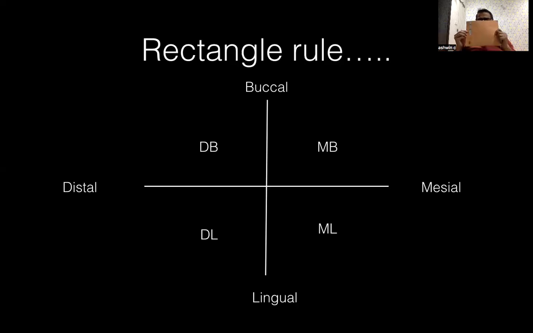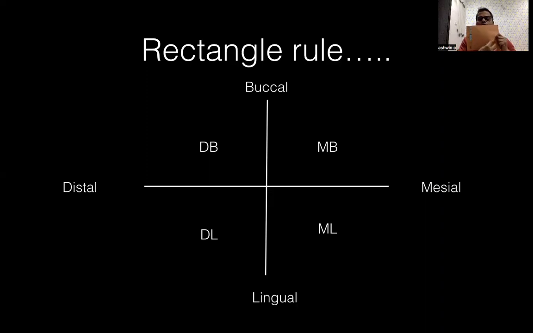If this is your molar, you have to divide it into four quadrants. This is the buccal side, this is the lingual side, this is the distal side, and this is the mesial side. So buccal and mesial will become your mesiobuccal quadrant. Mesial and lingual will become your mesiolingual quadrant.